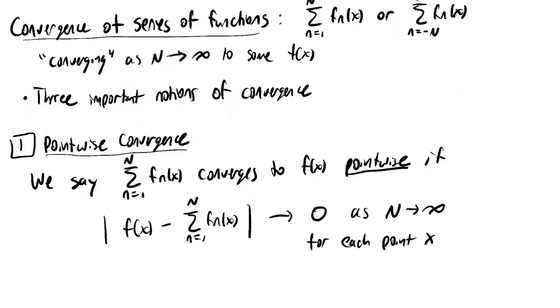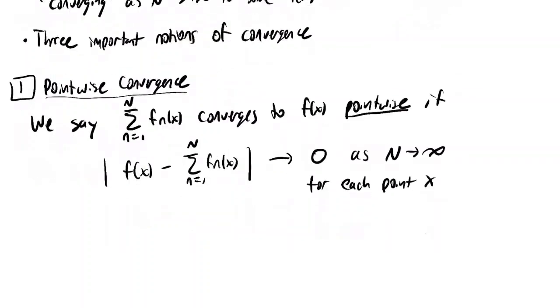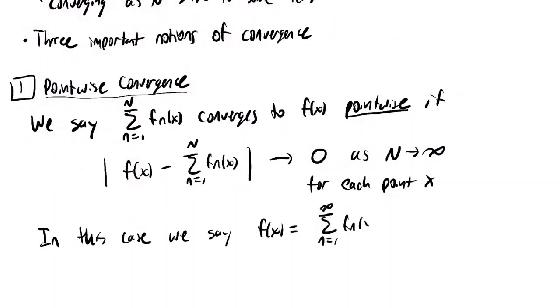So this means if I fix a particular point, look at this difference for each capital N, and then take the limit as n goes to infinity, the limit is 0, right? And so in this case, we say that f of x equals the sum from n equals 1 to infinity, fn of x pointwise.